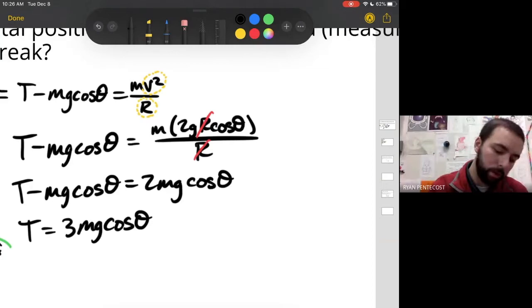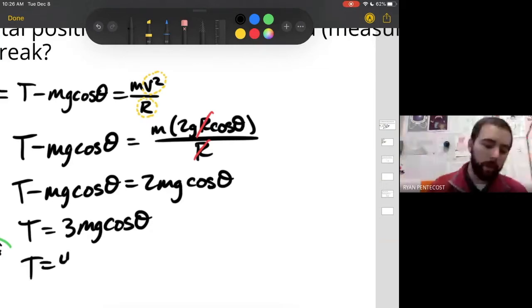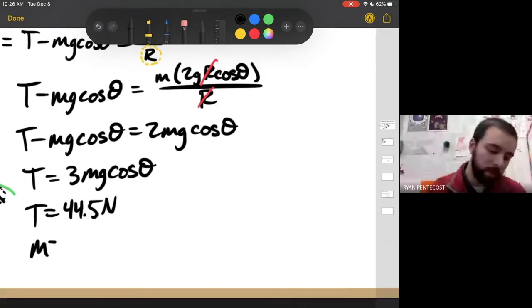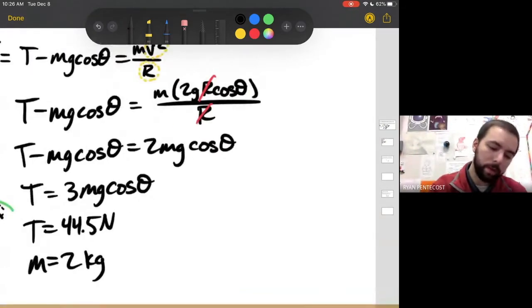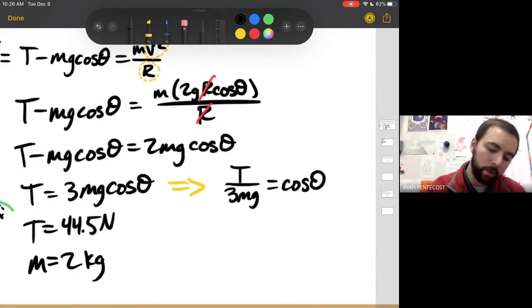So we know that our tension is 44.5 newtons, right? That's our breaking point. Our mass is 2 kilograms, and we want theta. So using this, let's solve for theta. If we take tension divided by 3mg, that equals cosine theta.